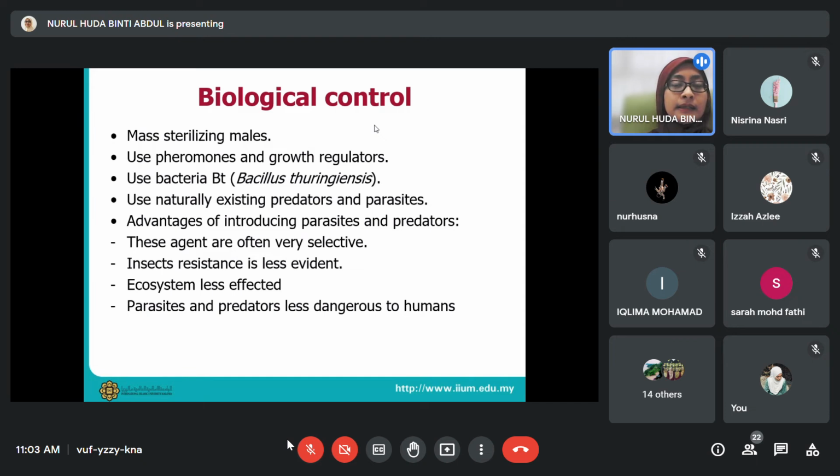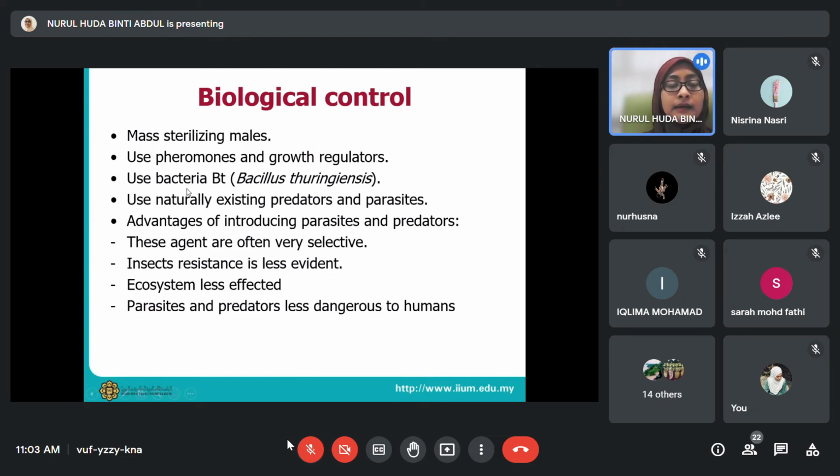Usually pheromone and growth regulator, whether we place them, may involve some part of chemical by using baits or maybe also involve mechanical, like earlier. We put pheromone in traps. Okay, but pheromones and growth regulators usually come from manipulation, or we produce them based on the pheromone produced by the pest itself.